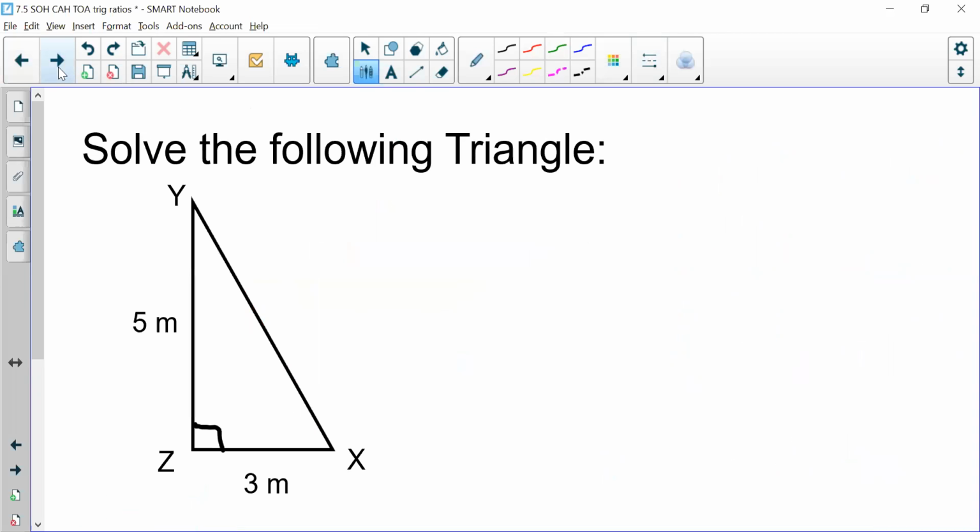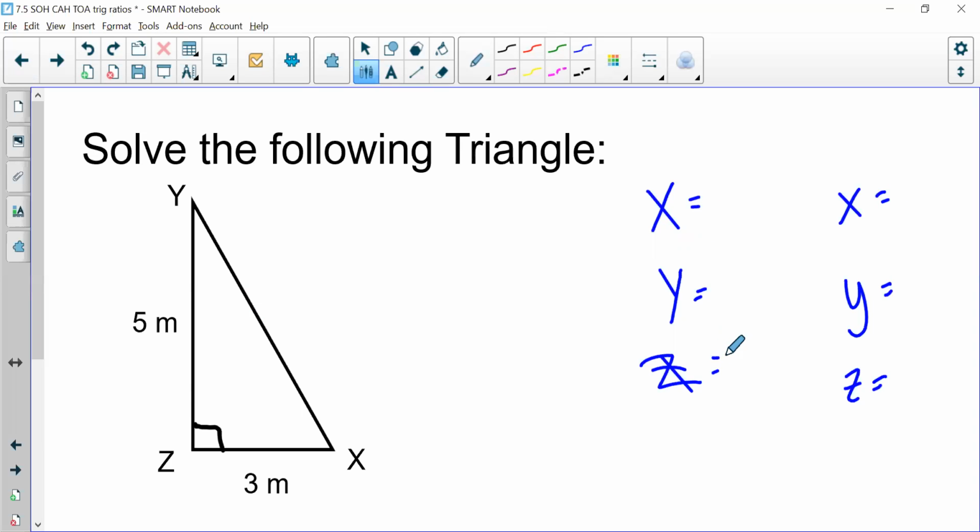All right, I want you guys to try this one on your own. Let's just fill out our chart here. So we have X, Y, Z. Z is the 90.